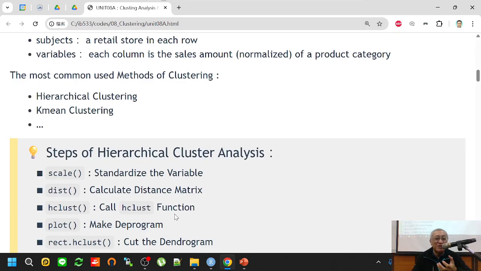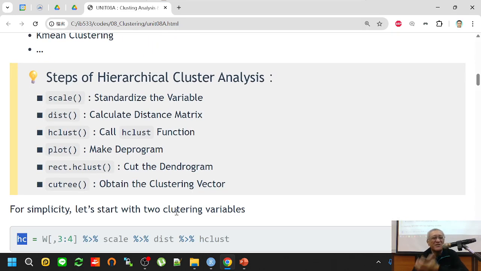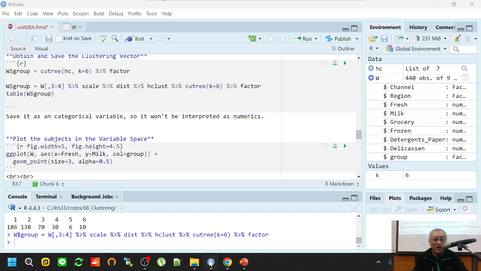The reason that we say clustering is advanced analysis is that it takes a lot of steps, right? But as I show here, all of these steps are actually just function calls in R. Treat it like an assembly line, and you just call this series of functions.